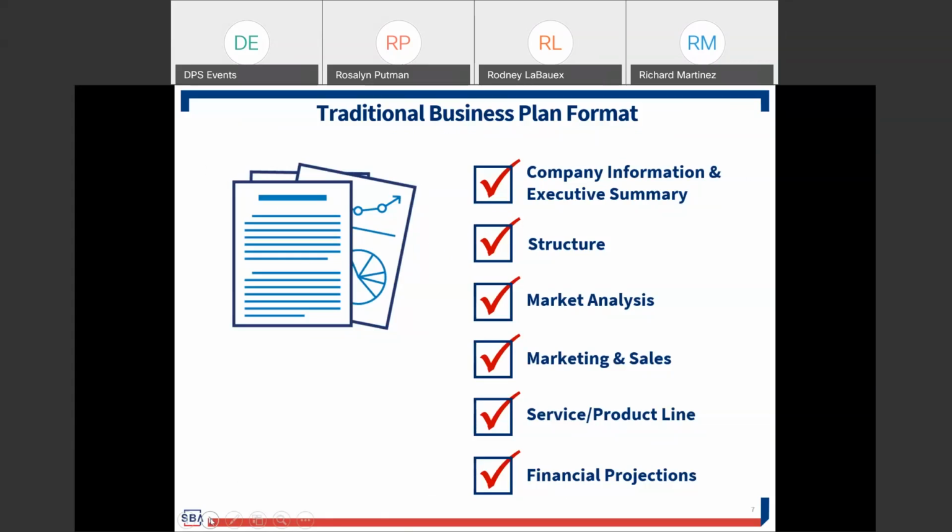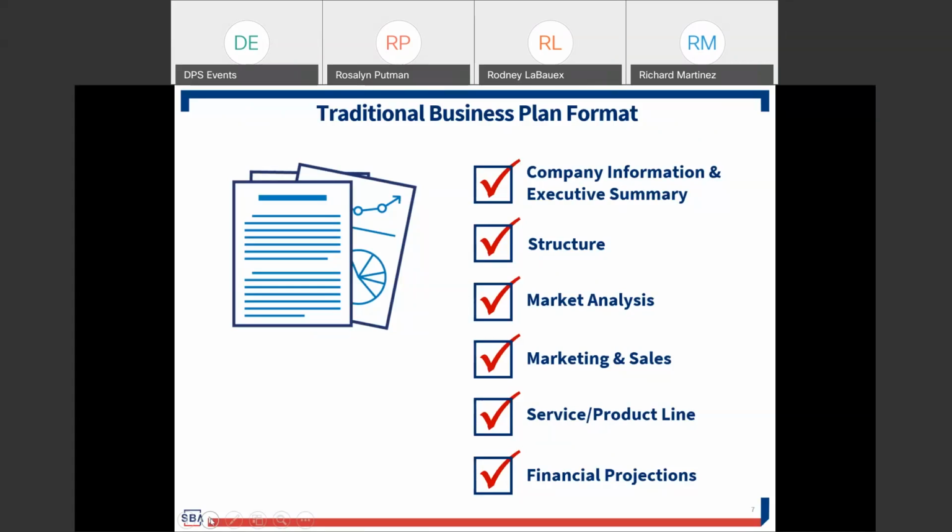Your market analysis gives an understanding of your industry outlook and target market. Your organization and management covers the overall company structure and who will run it. Your service and product line describes what you sell or offer. Marketing and sales describe how you will attract and retain customers, and your financial projections provide the financial outlook for the next 5 years. This is key.